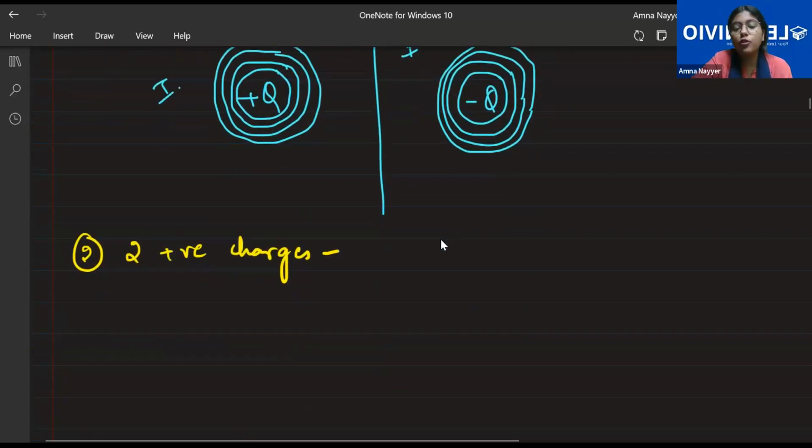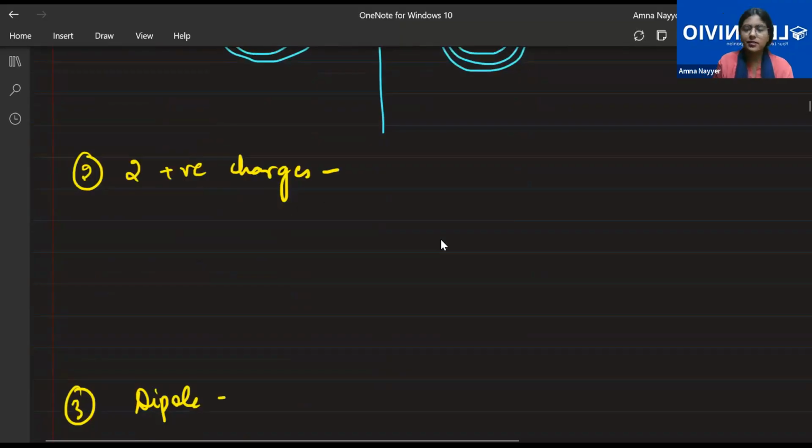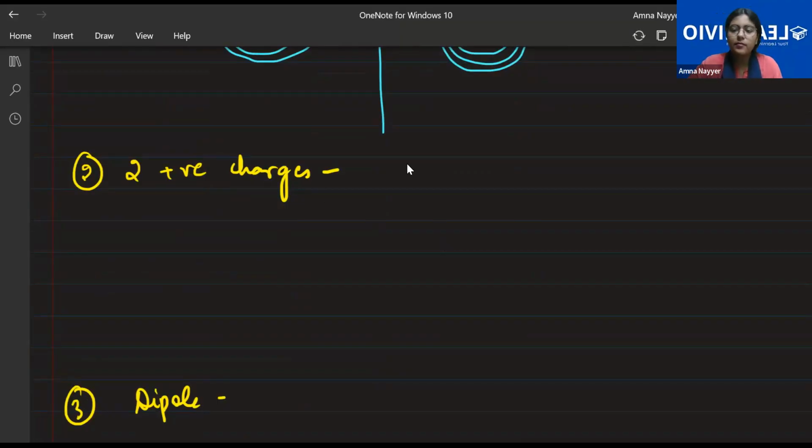Now, if you have two positive charges or two negative charges, will they attract or repel? Repel, exactly. Since the charges are repelling each other, towards their centers there will be a larger gap. I'll show you.